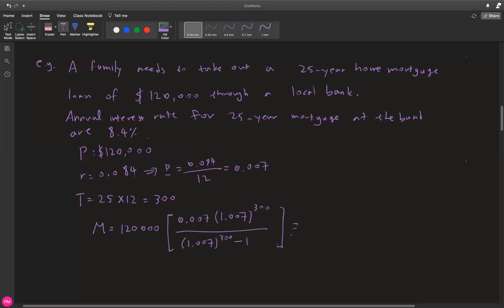And that is going to give you $958.20. So if this family takes out this loan of $120,000 at this bank with an APR of 8.4% for 25 years, the monthly payment for the next 25 years is going to be $958.20.